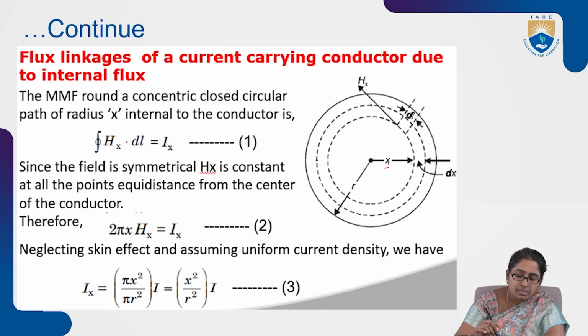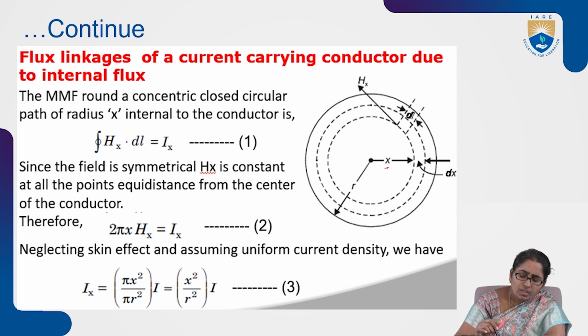So r is the radius of the conductor, and we consider this cylinder inside the conductor whose radius is x. That means it exists at a distance of x meters from the center of the conductor.